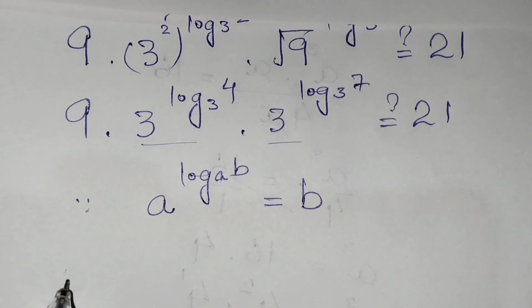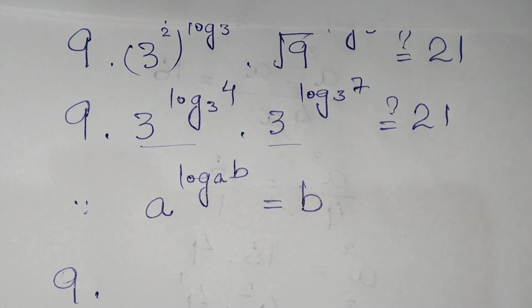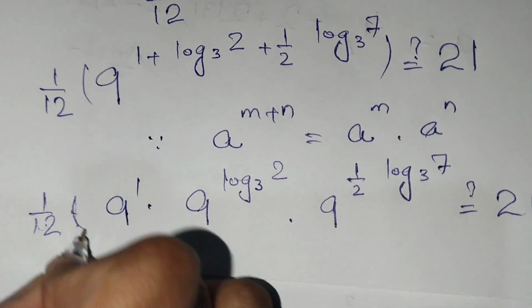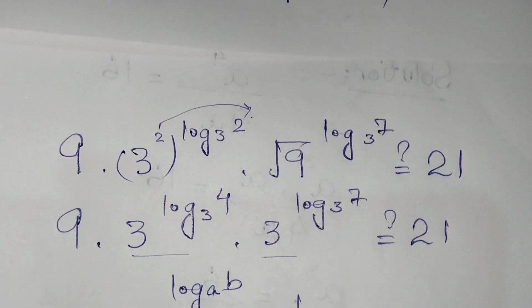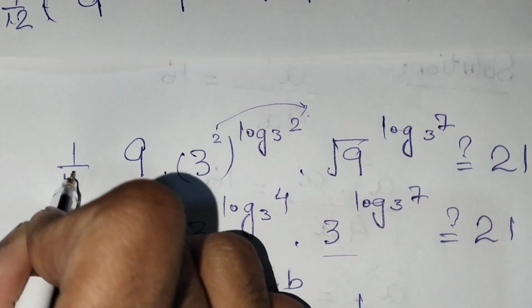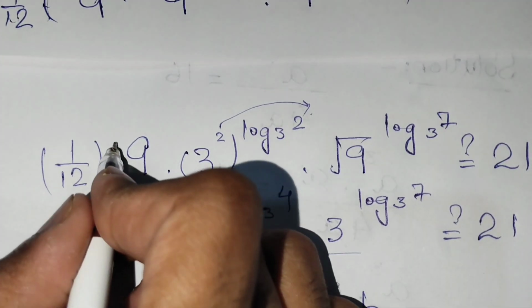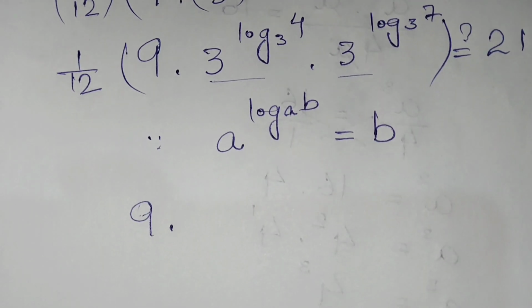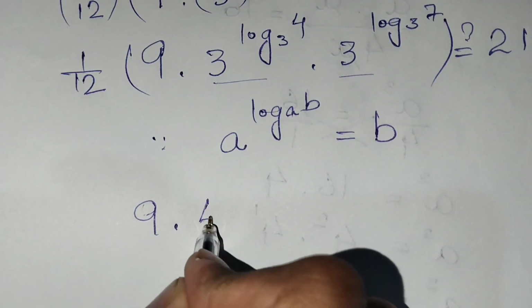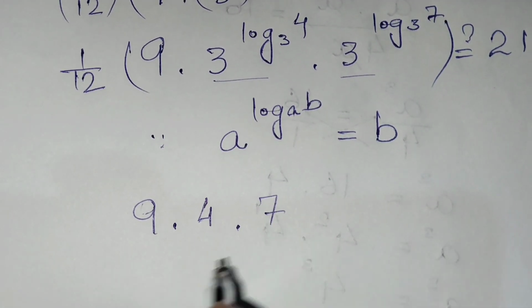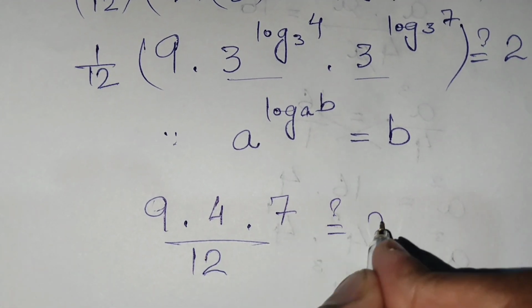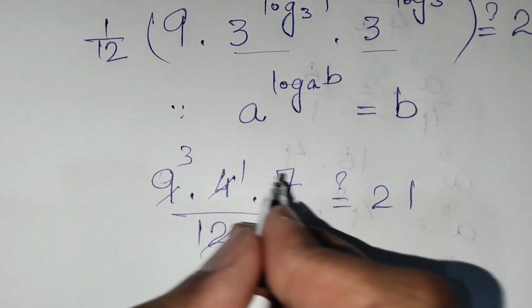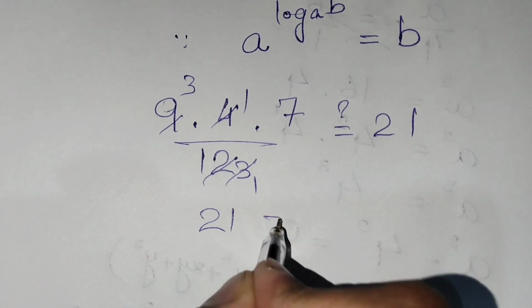So the equation now becomes 9 times 4 times 3 times 7 divided by 12 equals 21. 3 into 7 is 21, which is equal to 21.